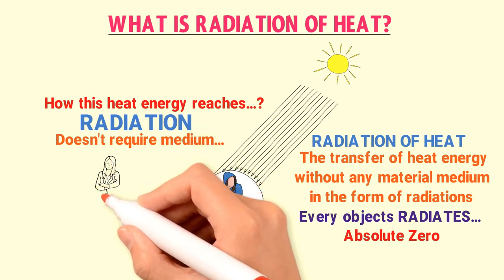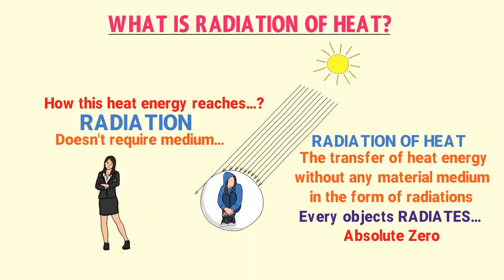For example, you and I and everything around us radiates some sort of heat energy. Secondly, the higher the temperature of an object, the higher would be the rate of radiation of heat energy. So a hot object radiates more energy than cold objects. At last, let me give you one bonus point.